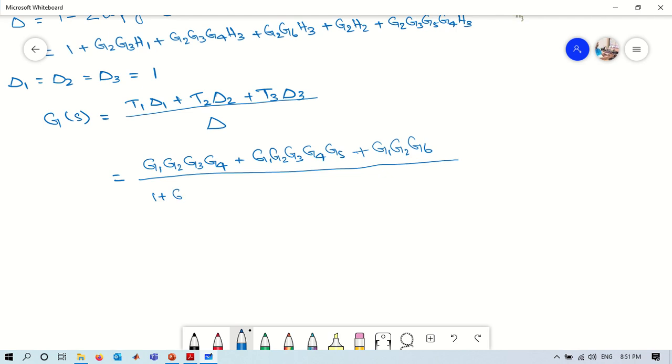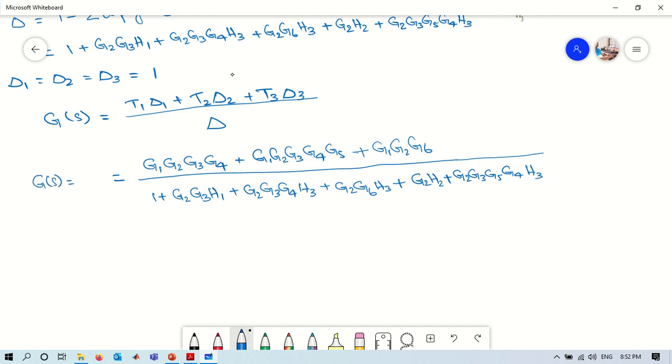The delta value is 1 plus G2, G3, H1 plus G2, G3, G4, H3 plus G2, G6, H3 plus G2, H2 plus G2, G3, G5, G4, H3. So this is the transfer function we require.